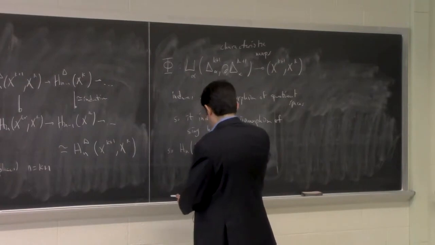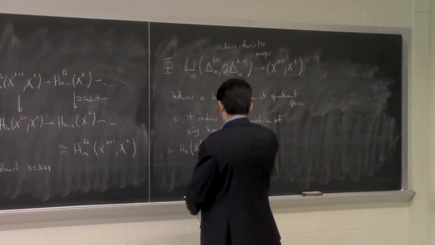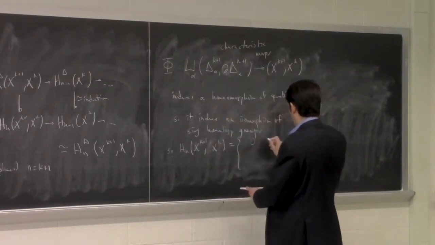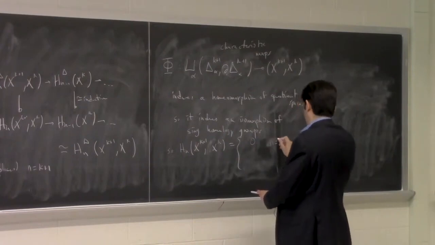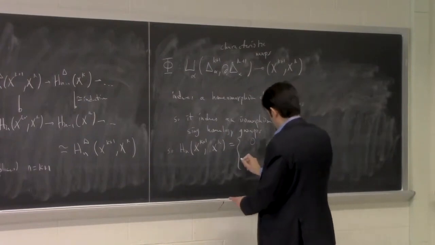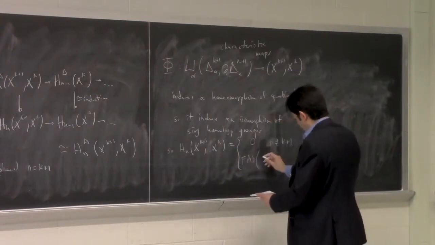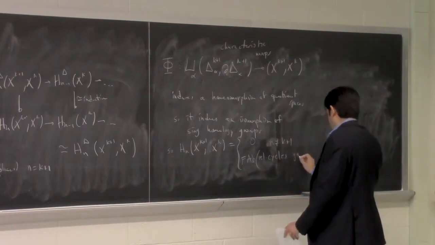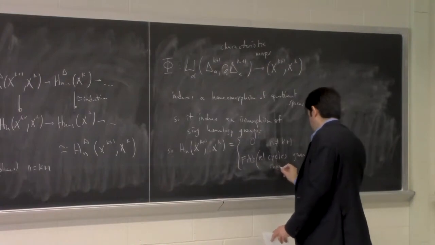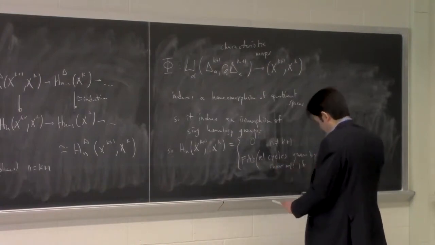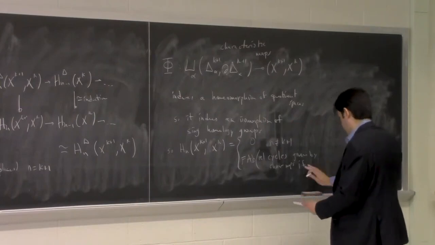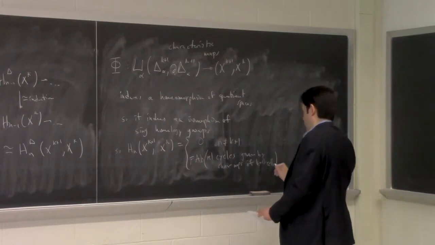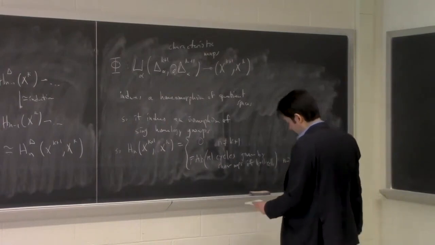So we get that the relative singular homology is also equal to 0 if n is not k plus 1, and it's the free abelian group on relative cycles given by the characteristic maps of k plus 1 cells if n is equal to k plus 1.